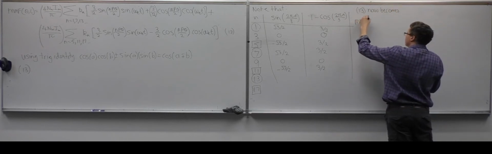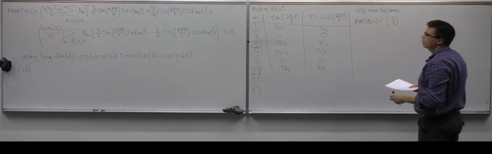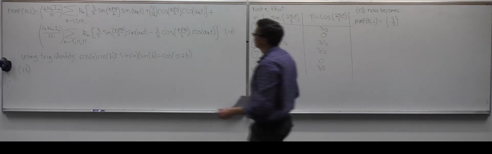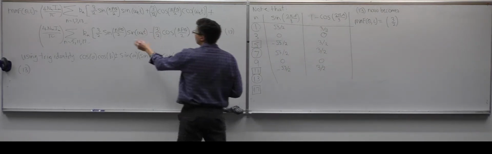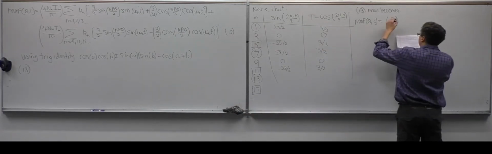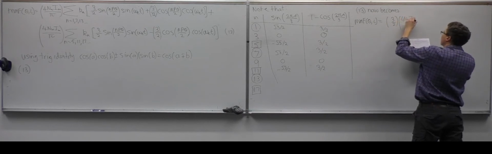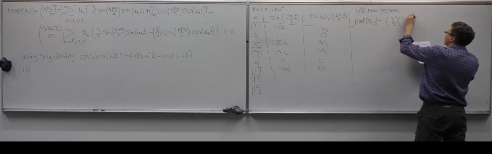MMF. So they all have 3 over 2, so let's take that out. And 4 NWIM over pi.